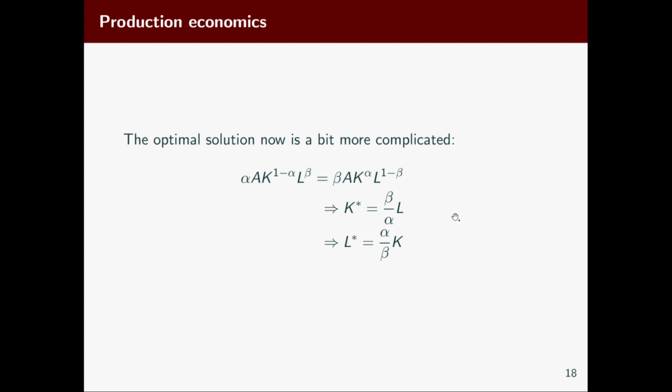It's a similar situation for the optimal level of labor. You should be able to do this algebra here. So what does that mean? If we want to know the optimal level of capital to use, we have to fix labor at some level. Given that fixed level of labor, we have estimates for beta and alpha, so we can just perform this expression and get the optimal level of capital to use to produce our good.